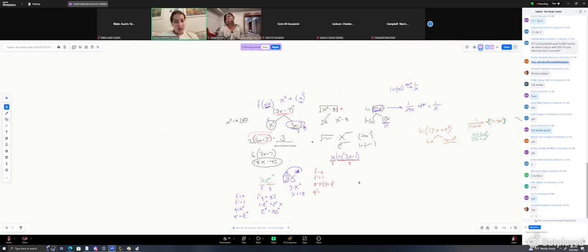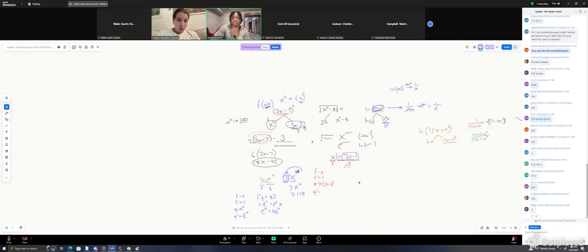What's the inner function for g prime? Can someone tell me? Is the inner function just 3? Inner function is going to be what's in the parentheses. Would that be 3? We're going to include the whole chunk within the parentheses. So 3x.